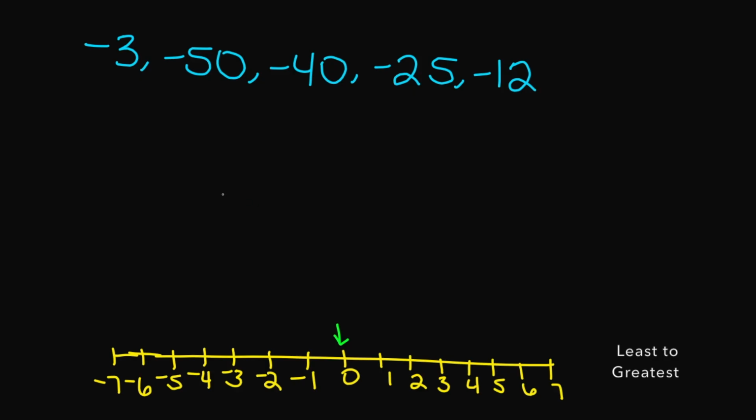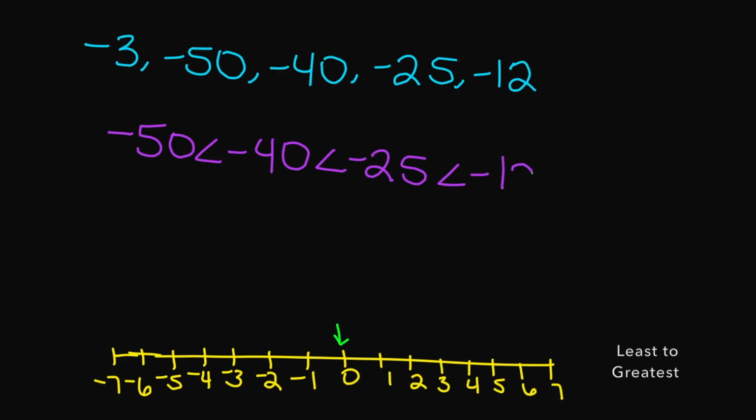The smallest number here is -50, which is less than -40. -40 is less than -25, which is less than -12. -12 is less than -3. And this is your final answer here.